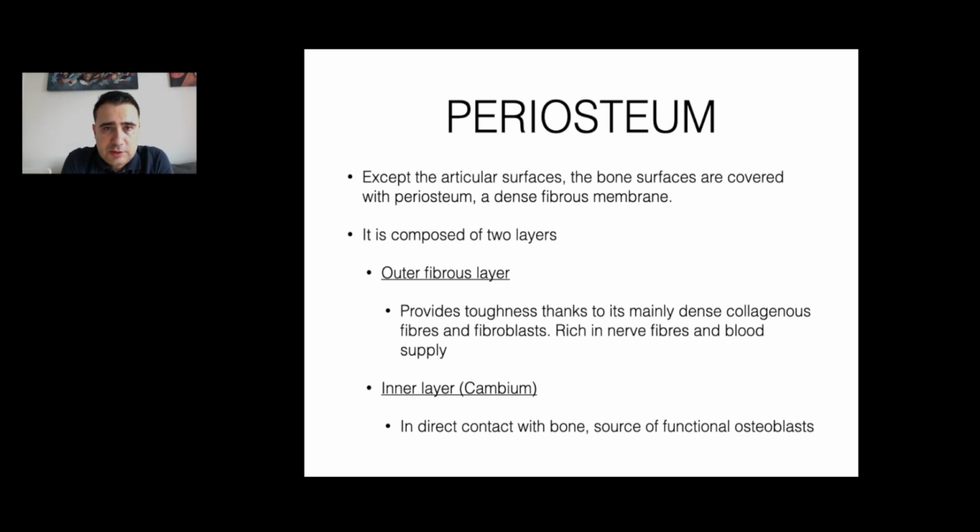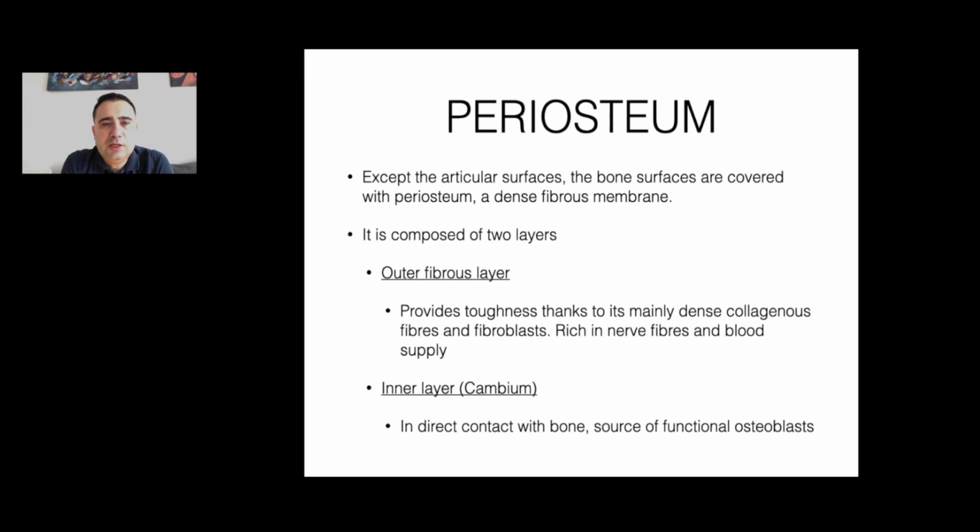Outside of bone tissue we have the periosteum. Except for the articular surfaces, the bone surfaces are covered with periosteum, which is a dense fibrous membrane. The periosteum is composed of two layers, an outer fibrous layer and an inner layer. The inner layer is also called the cambium layer.